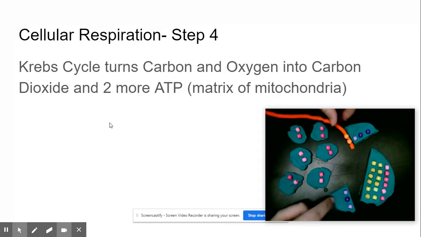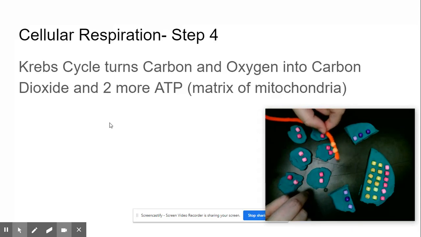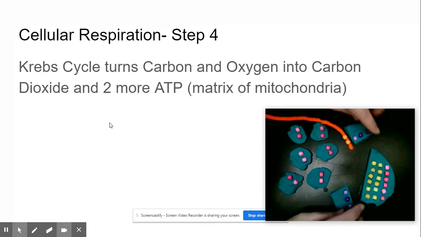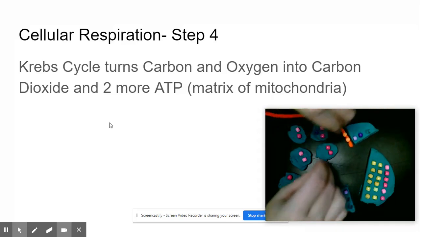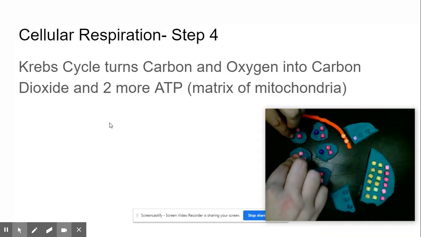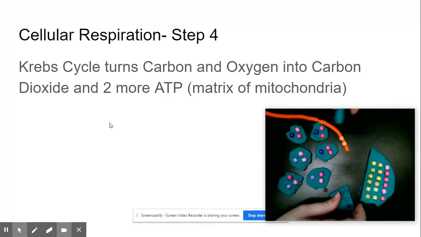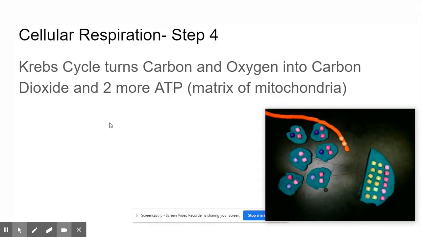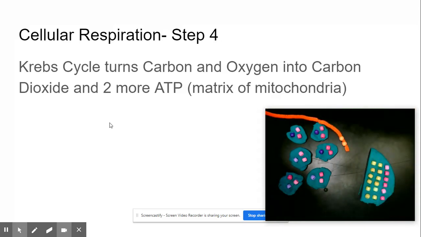And in doing that, splitting up more of the bonds and creating our CO2 molecules, we actually are going to get 2 more ATP of energy. So these are going to move right over here. And then I get 2 more beads of energy.